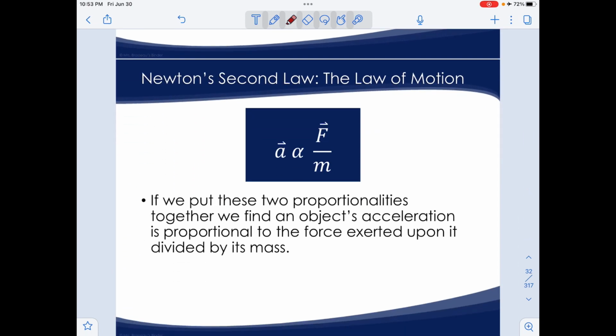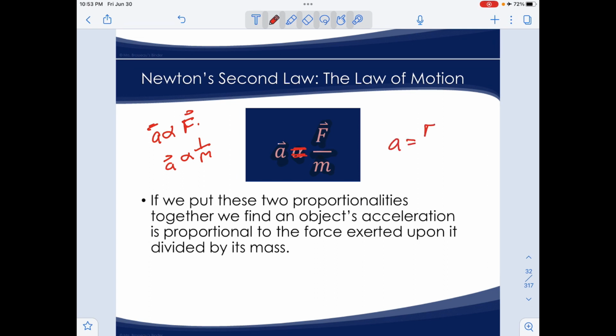So if we put those two together, acceleration is proportional to the force, and acceleration is inversely proportional to mass. Mass is a scalar, force is a vector. Then you would have acceleration is proportional to force over mass. And it just so happens that this is not just proportional, this is an equivalent statement.